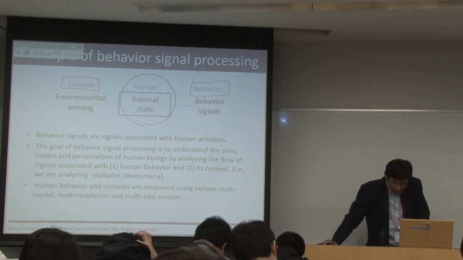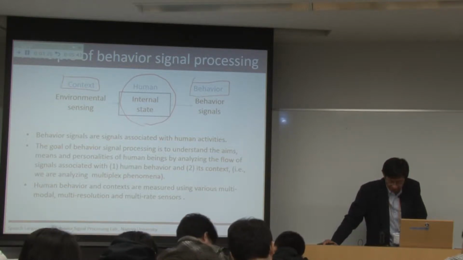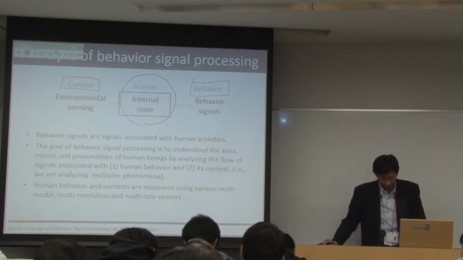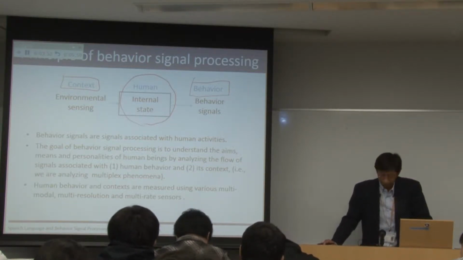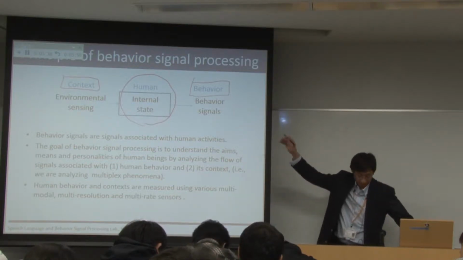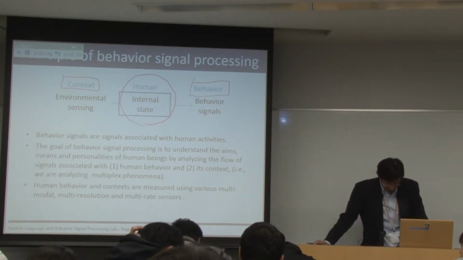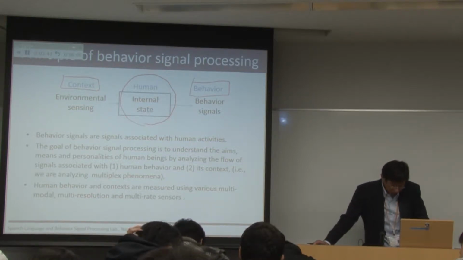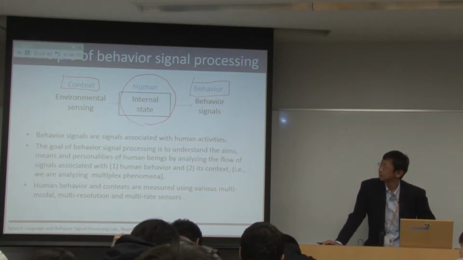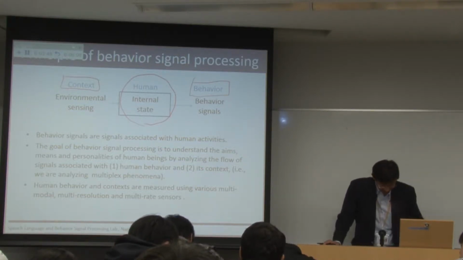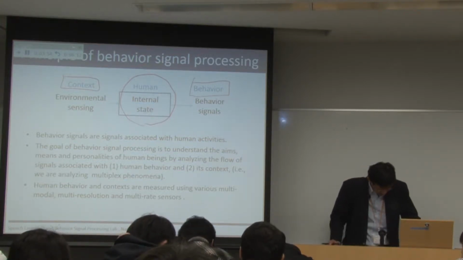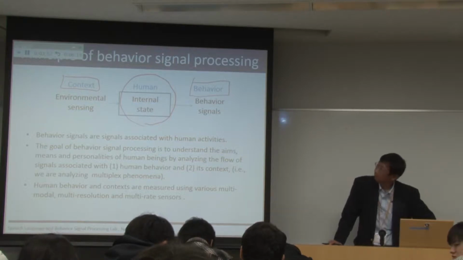And the goal of behavior signal processing is to understand the aims and means and even the personality of human beings by analyzing the flow of data, which is again associated with human behavior as well as its context. And the third sentence here is that human behavior and context are measured.